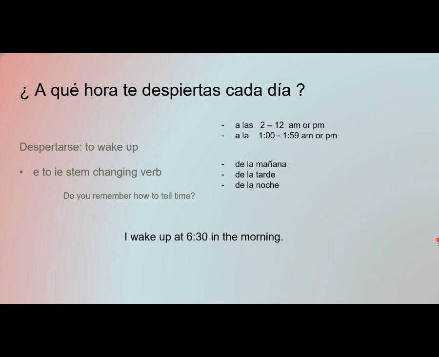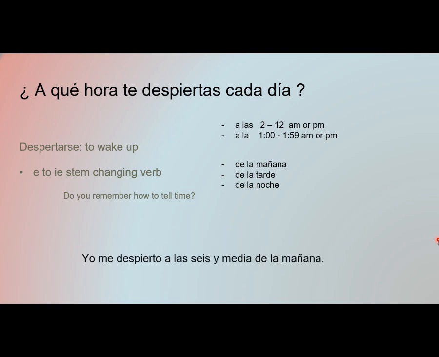All right, so in order to create this sentence then, you would change the verb to fit the subject. It would look like this. Yo me despierto a las 6:30 de la mañana.